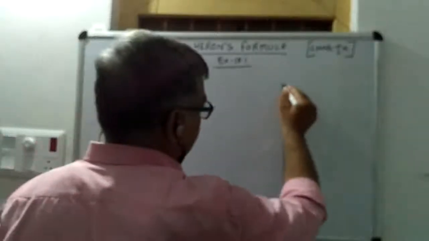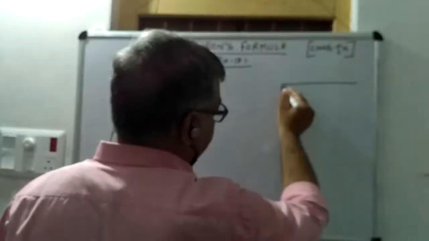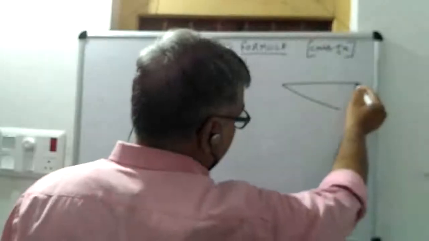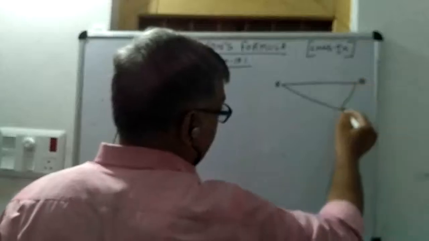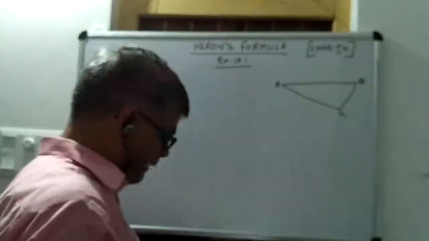Now this is a question in which there is a wall of a flyover in the triangular shape. See like this, this is the wall of a flyover in the triangular shape. Suppose it is ABC, whose lengths are given.